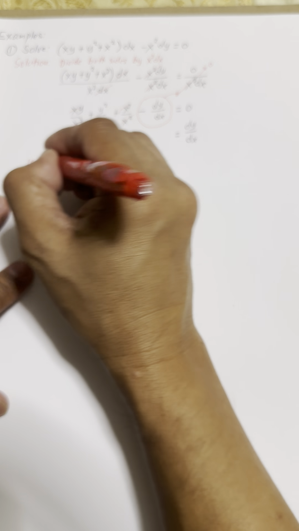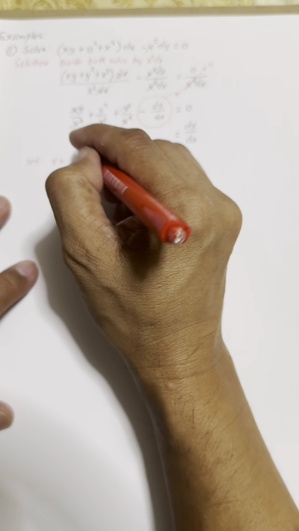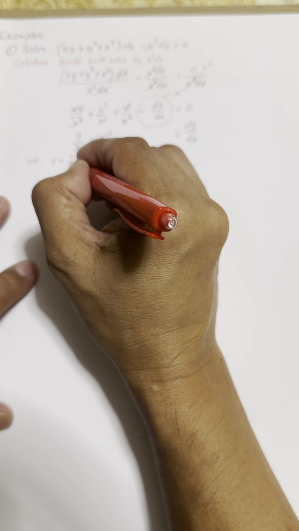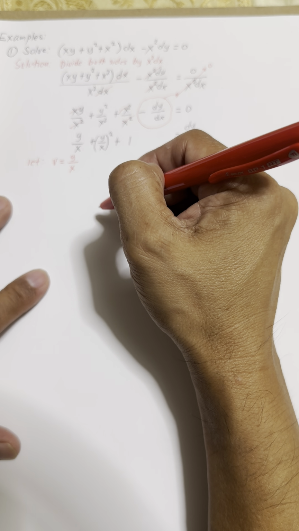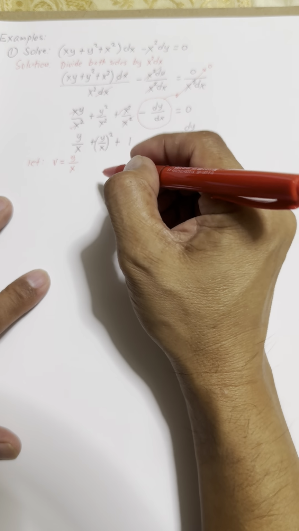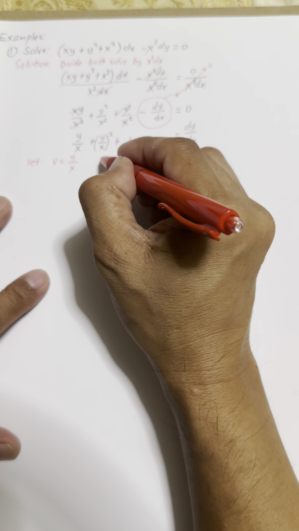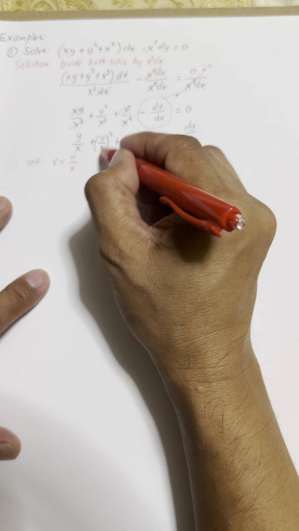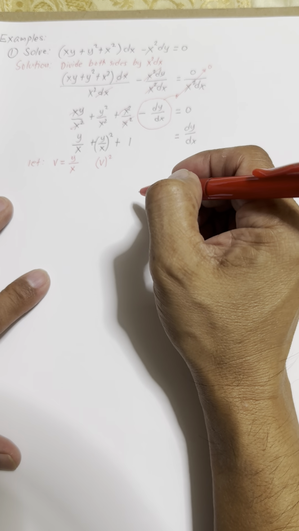So we can let a variable represent this fraction. So let v equal y over x. Alright, then we have an expression here, y over x squared. So y over x is v, then this is squared, or simply v squared.